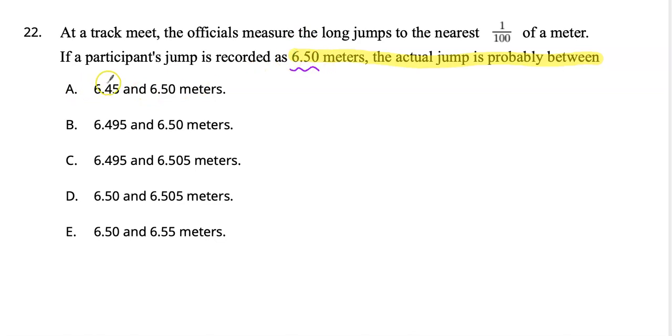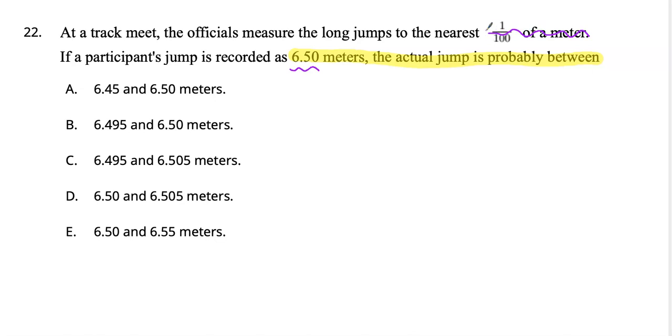Is 6.50 between 6.45 and 6.50? Is 6.50 between 6.495 and 6.50? And so on. Now they said up here the jump was measured to the nearest 100th of a meter. You really don't need this information in the problem, so I'll just cross that out.